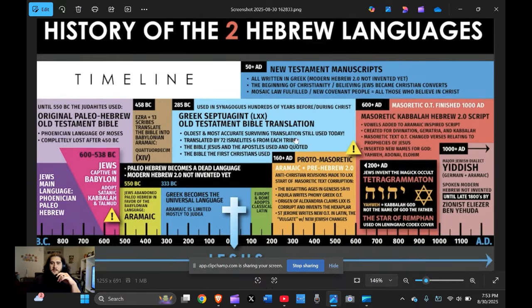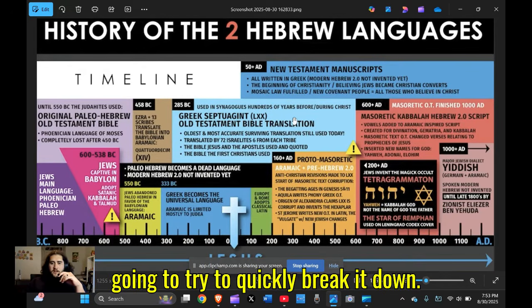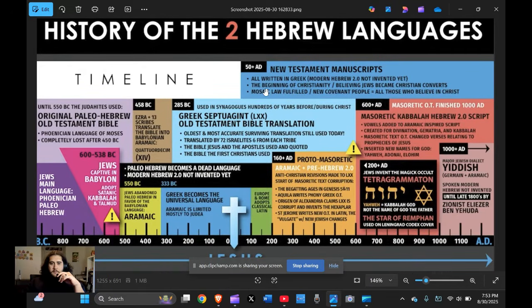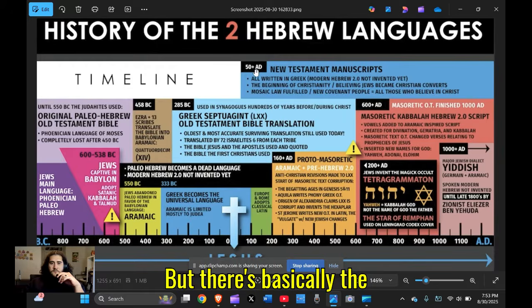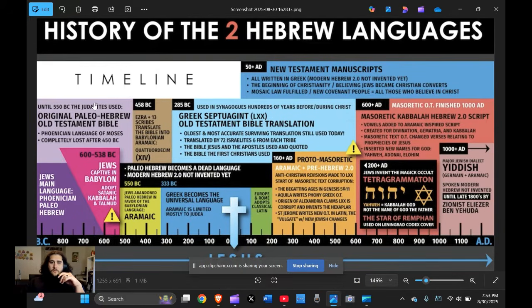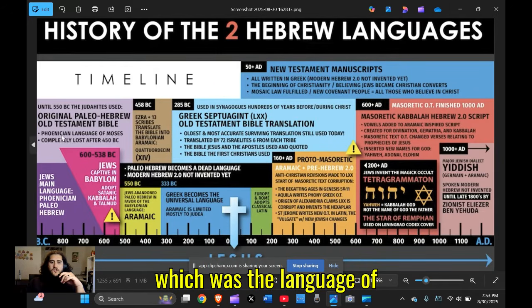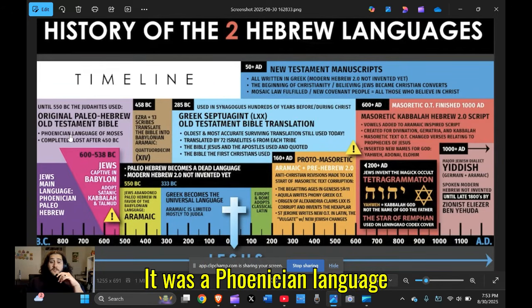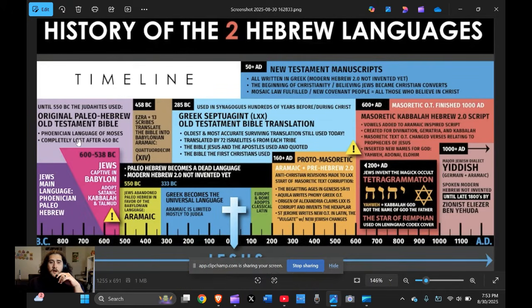So, basically, there's a lot of stuff here, and I'm going to try to quickly break it down. There's basically the original Paleo Hebrew, which was the language of Moses. It was a Phoenician language that Moses spoke.